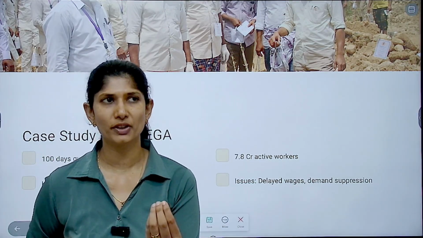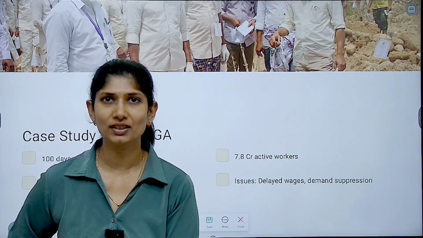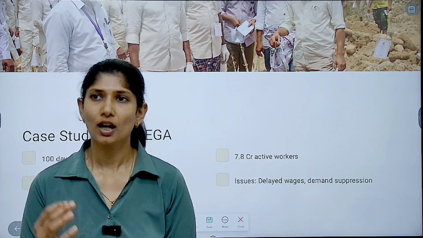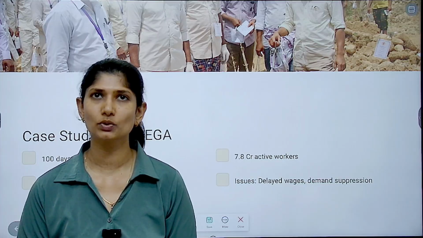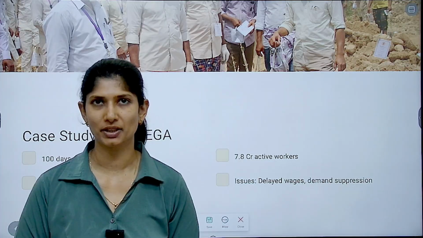Now, the whole point of Manrega is to create an active asset as well as contribute for the wages, right? But here, what is happening is that level of your asset building is not happening.